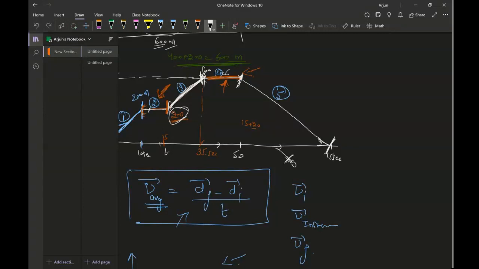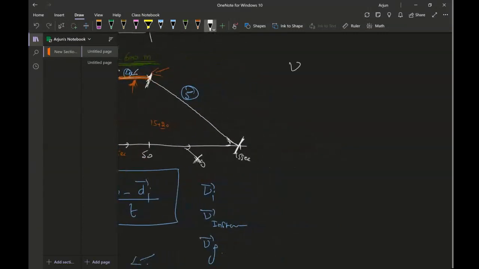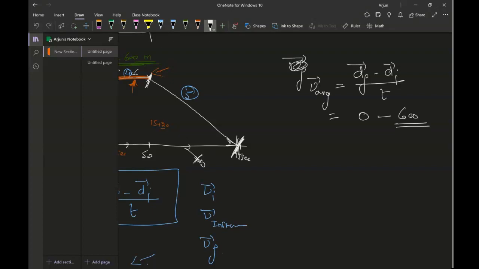And for the final section, we'll find the velocity, which is equal to V average, D final minus D initial divided by time. D final: he ends up at home, so the final displacement point is 0, minus 600, the point down here. He's at 600 in the east direction, so I'll keep this number as positive. This negative sign belongs to the formula, that's why I placed a negative in this equation, divided by time.